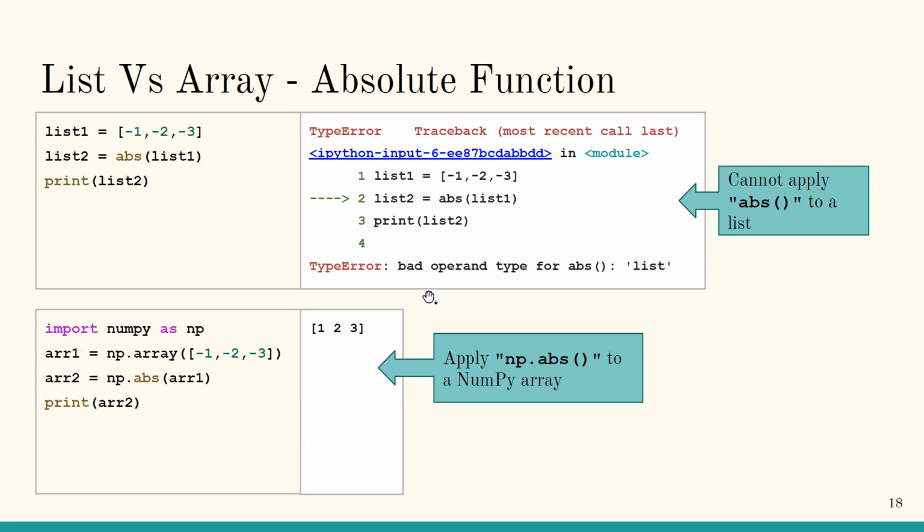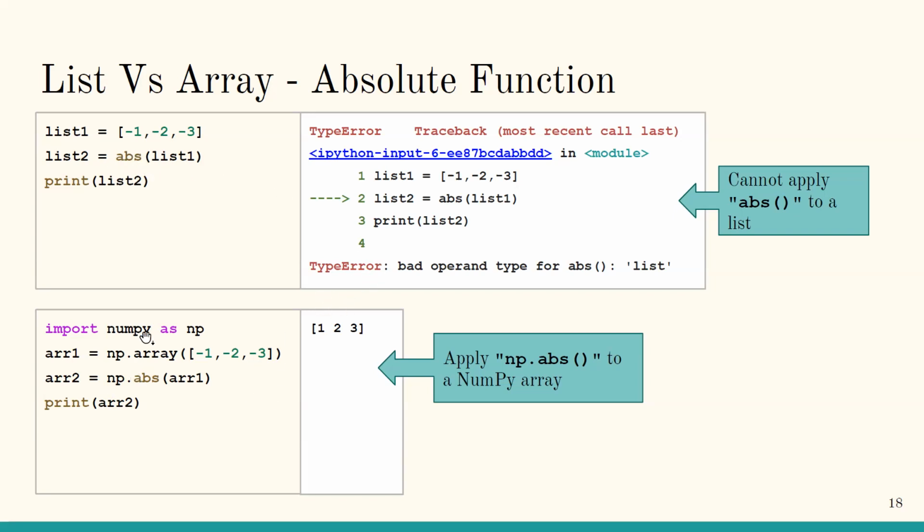Bad operand means the argument inside is not okay for your absolute function because it's a list, and a list can contain a string, a float number and an integer number, so the absolute function will not operate on it.